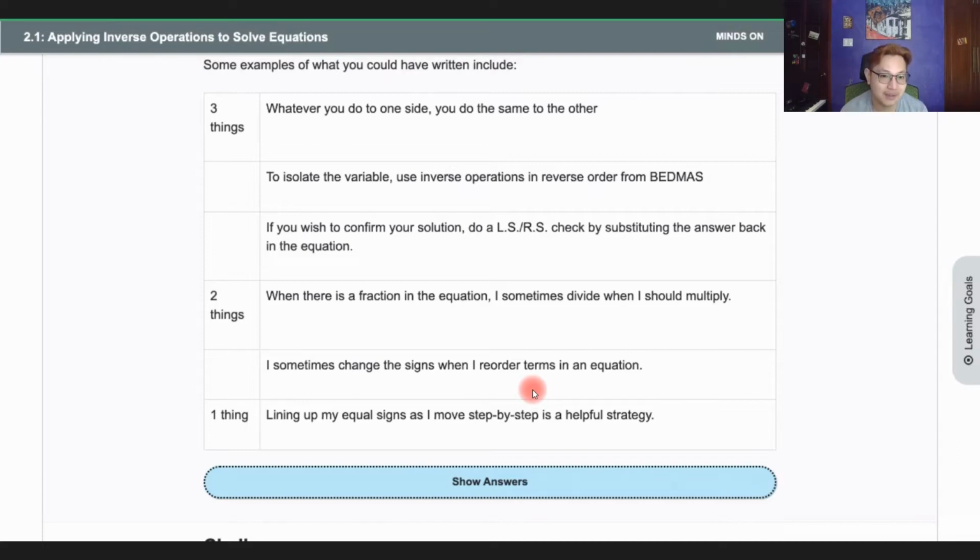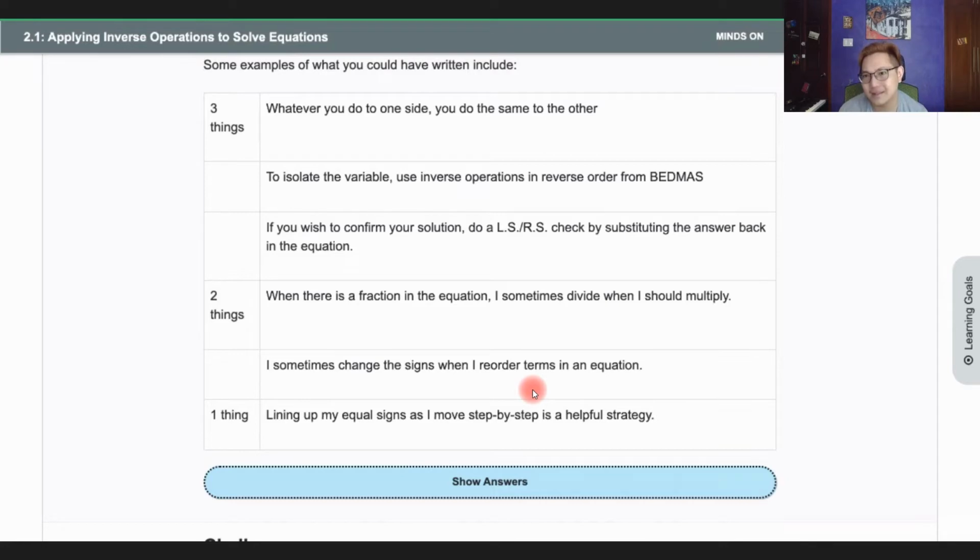Okay, and then one thing: lining up my equal signs as I move step by step is a helpful strategy. So what strategy would be helpful in solving? Basically the equal sign here, equal sign here, equal sign there should be in the same line, so you won't confuse which one you forgot to move or which one you might ignore.